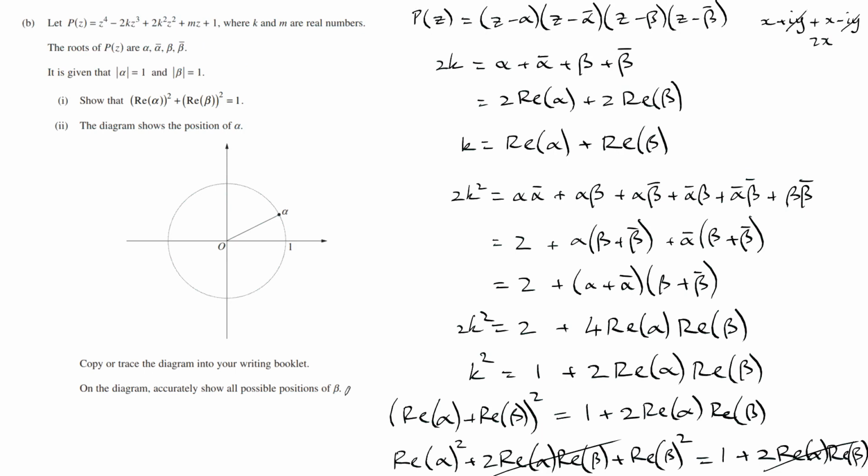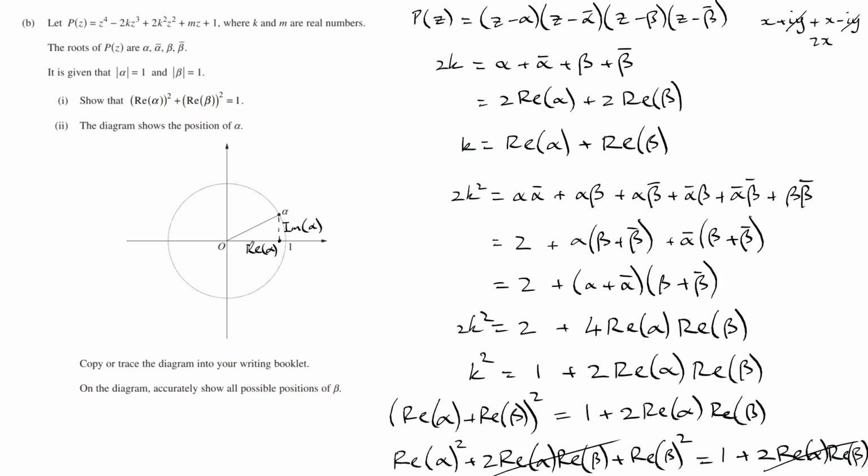So we know that the modulus of beta is 1, so that means it's going to lie on this circle. And now we know that this is true as well. So the way that I would think about it is, if you imagine a little triangle there, this side is the real part of alpha, and this side is the imaginary part of alpha.